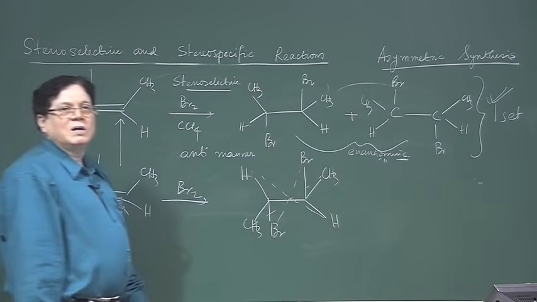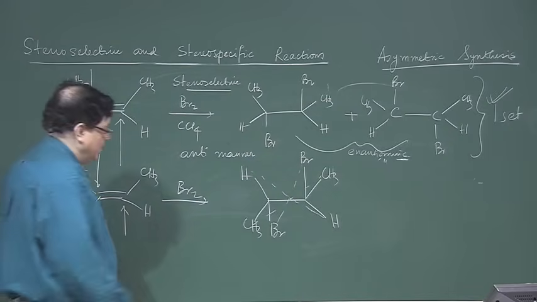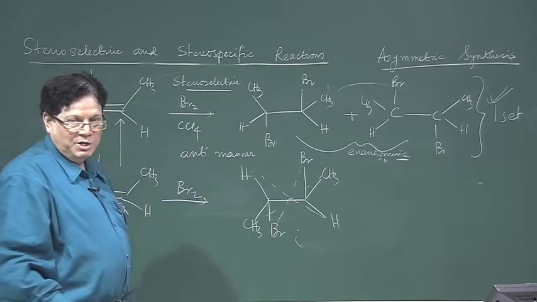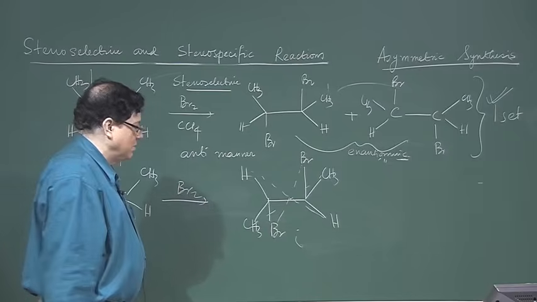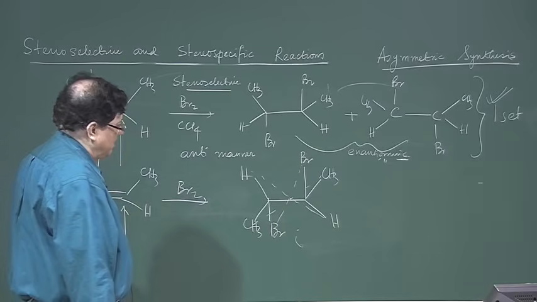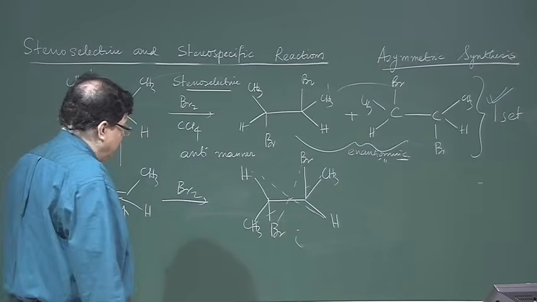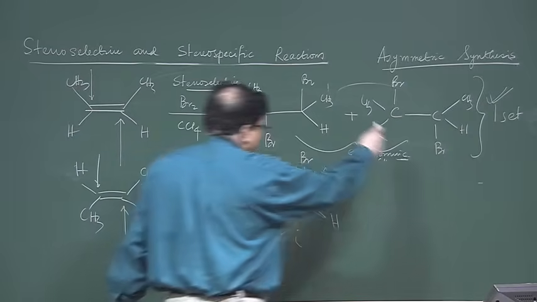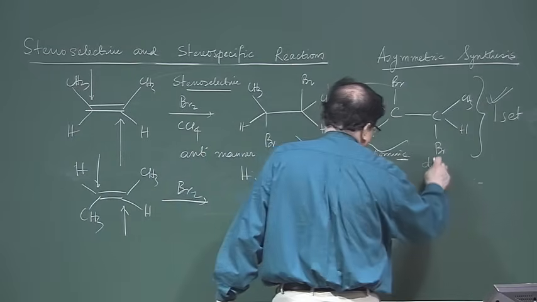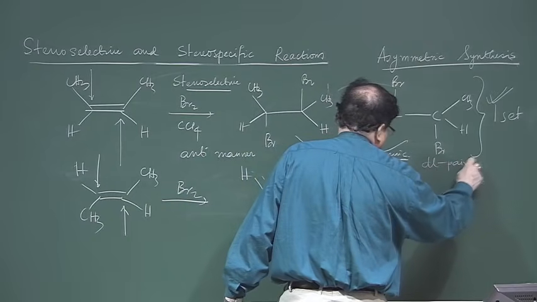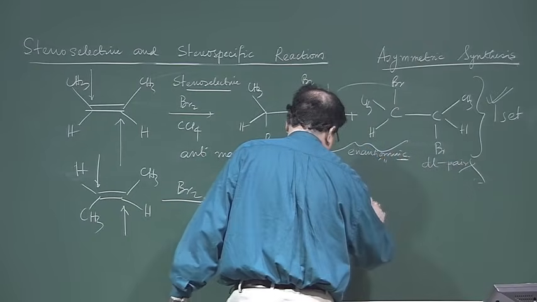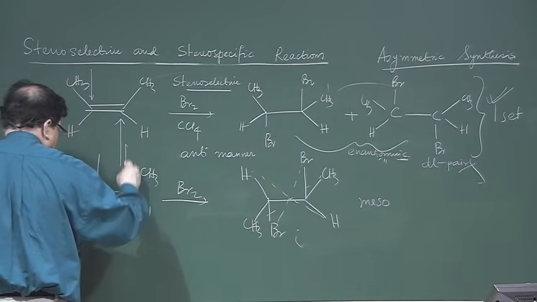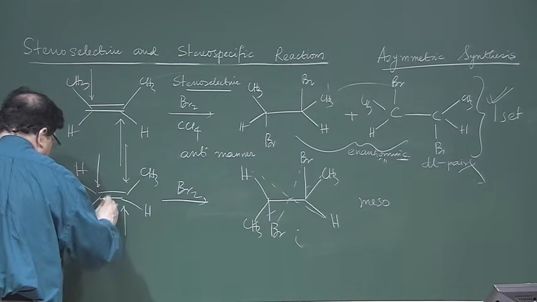It also has a plane of symmetry, but not in this conformation. In the fully eclipsed conformation, you get the plane of symmetry. So, now you are not getting the DL pair. So, that is not obtained. What you get is the meso. I am not doing the other side of addition, because that gives the same product.